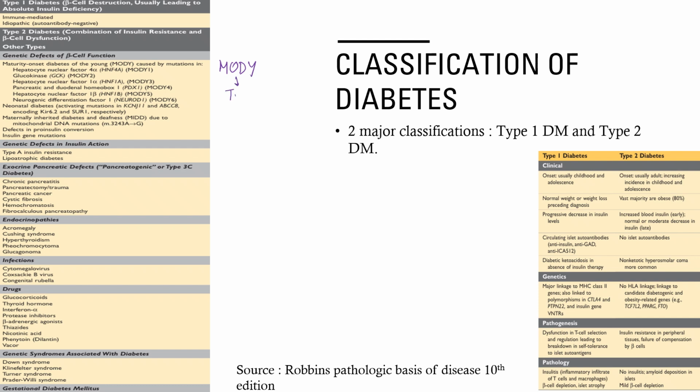This maturity onset diabetes of the young is also called type 5 diabetes mellitus, and it refers to a group of genetic disorders where there are defects in autosomal dominant genes which lead to impaired beta cell function or impaired insulin function.